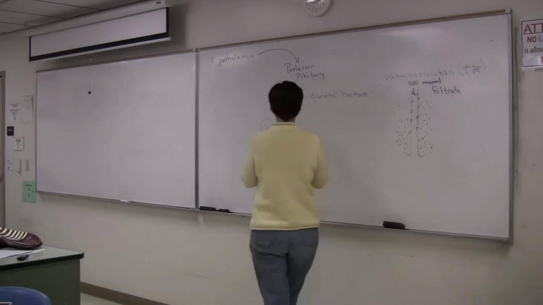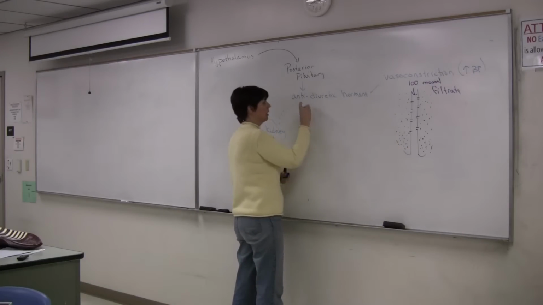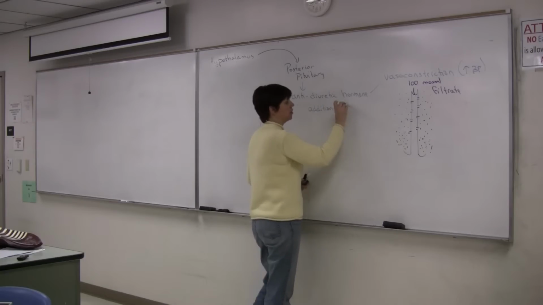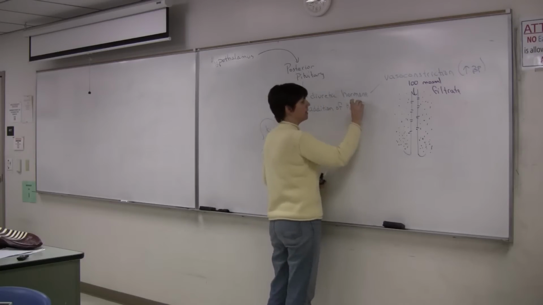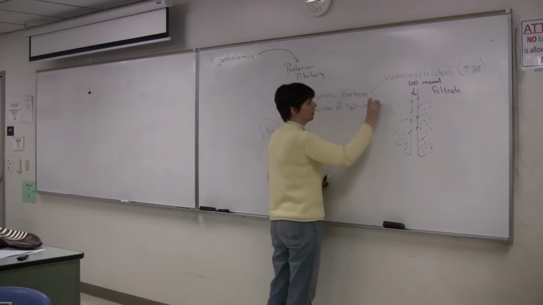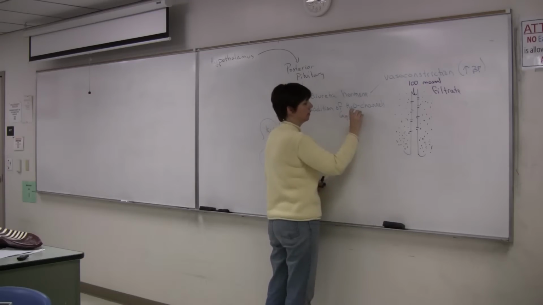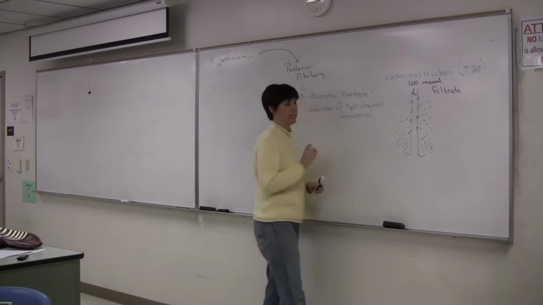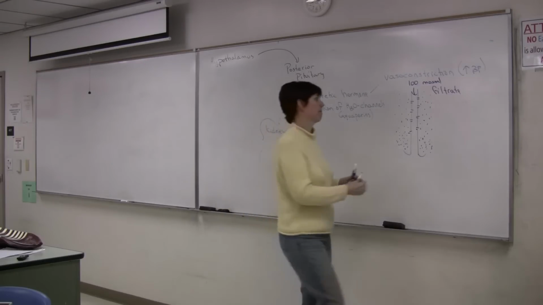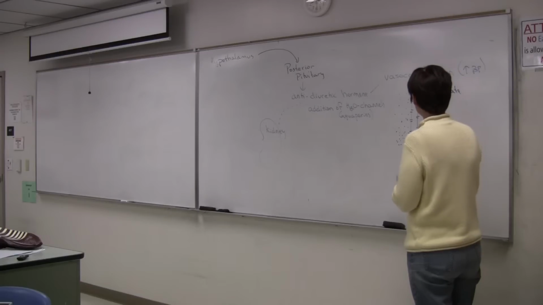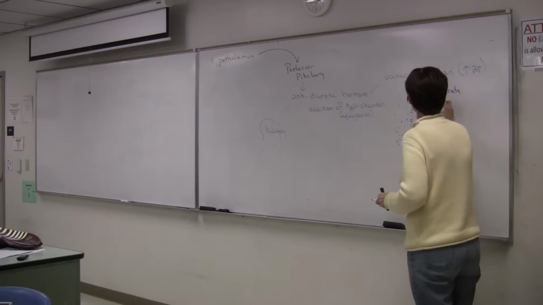So antidiuretic hormone causes the addition of water channels known as aquaporins in the kidney. Now, let's say that our concentration of particles out here is 300.